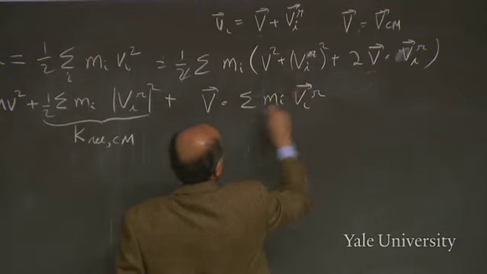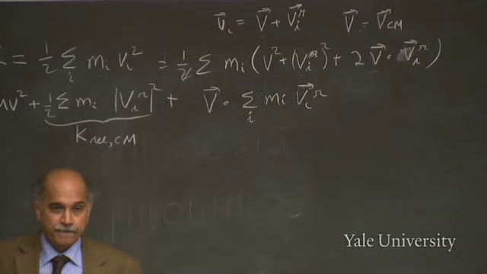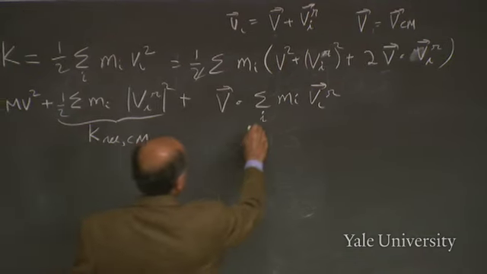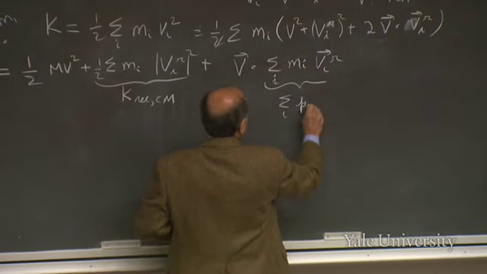Mi Vi relative summed over all the particles. Mi Vi relative is the momentum of particle i as seen by this co-moving observer who is moving with the center of mass. So this term is really the sum over i of the individual momenta of the particles.